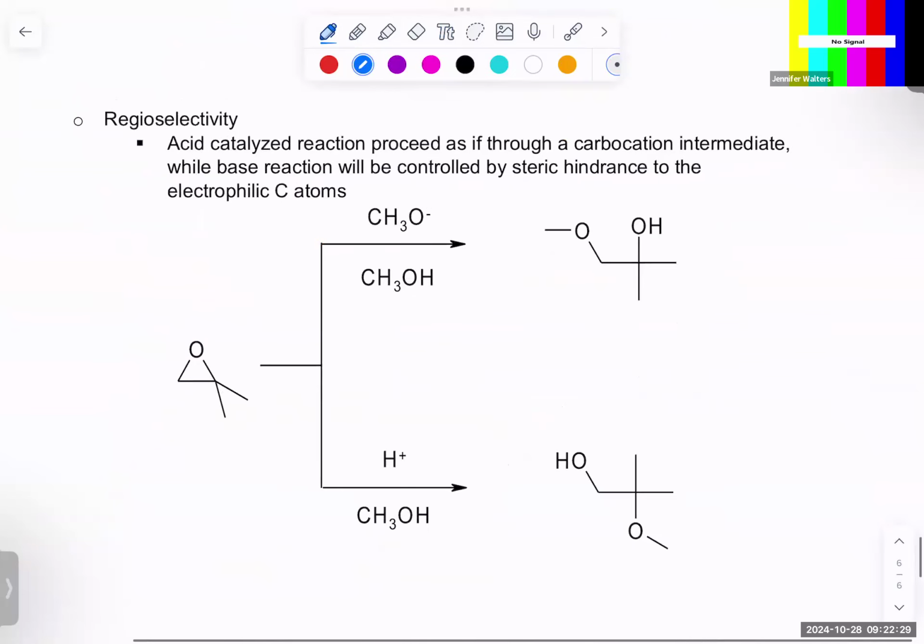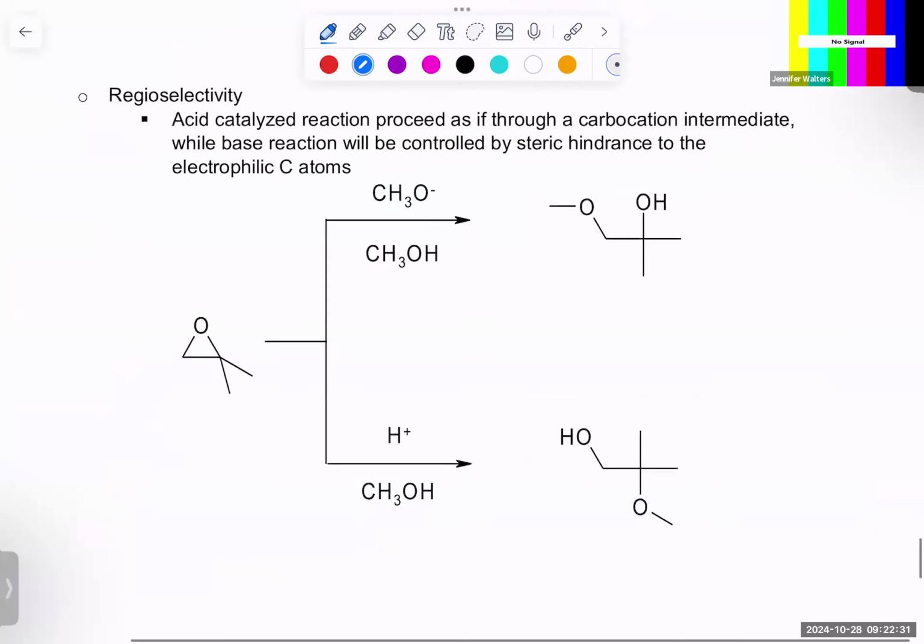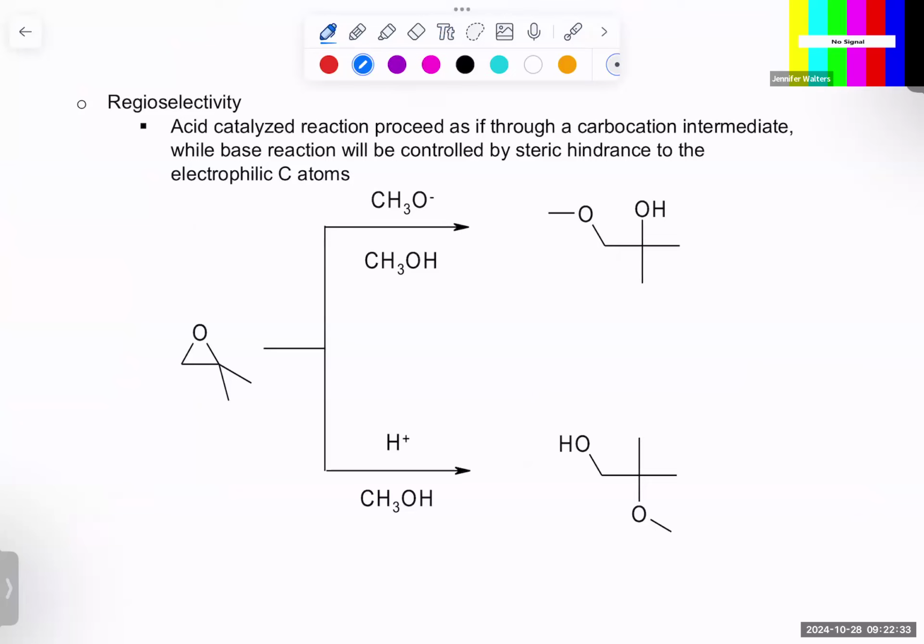So what the reduced selectivity looks like is, if you have basic conditions, meaning you have O minuses or whatever your strong base is, then you're doing SN2. And your nucleophile ends up on the less substituted side.